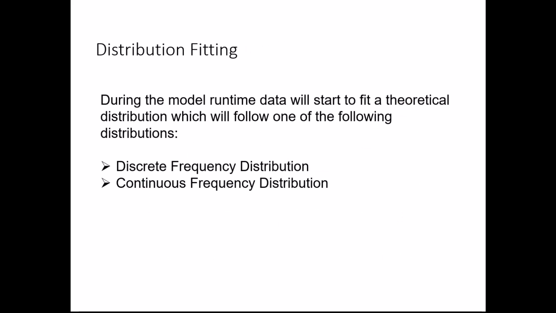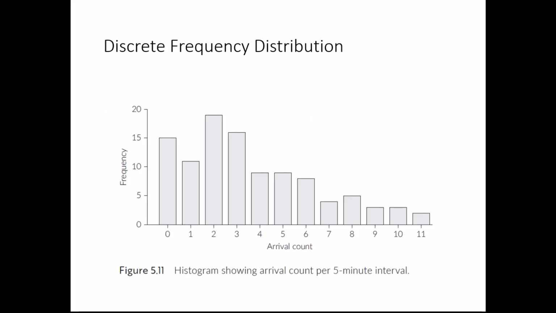So for the distribution fitting, once you have checked for that, the next step is to find out if you're dealing with discrete data or continuous data, right? Remember, the discrete data that you're handling has to be whole numbers. Let's say this is a histogram showing arrivals per 5-minute interval.